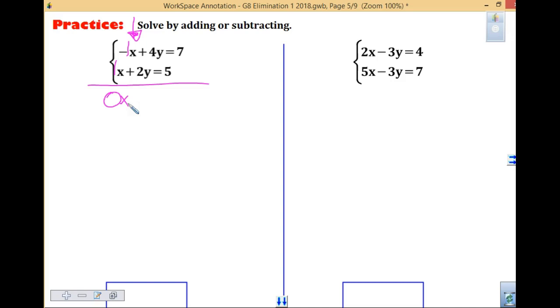Riley, if I add 4y plus 2y, 6y. Then 7 plus 5 gives us 12. So at this point, 6y equals 12. We're going to divide both sides by 6, and y is 2.